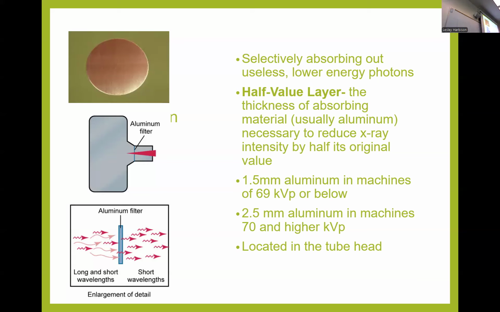If we have a machine that is set below 70 kVp, it's going to be 1.5 millimeters. If it's set at 70 or higher, it's going to be 2.5 millimeters. Those two bullets have been questions on tests in the past.